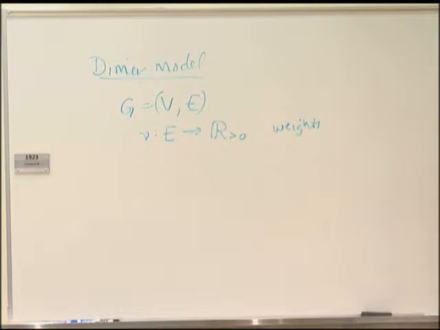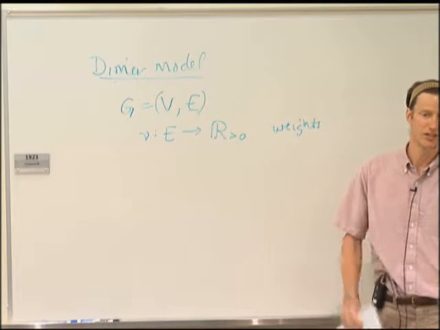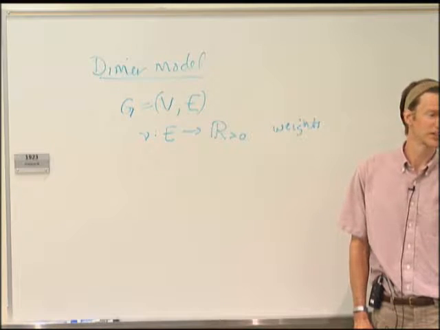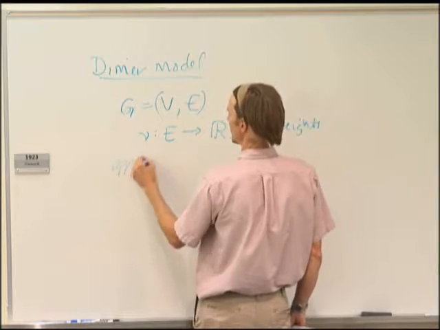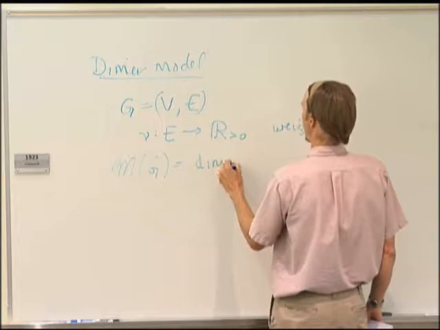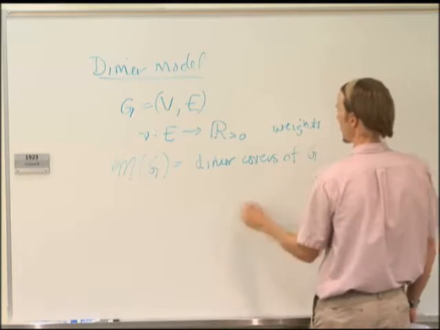And from this data, the space of perfect matchings. A perfect matching of the graph is just a set of edges which covers all the vertices exactly once. So M of G is the set of perfect matchings, or dimer covers.